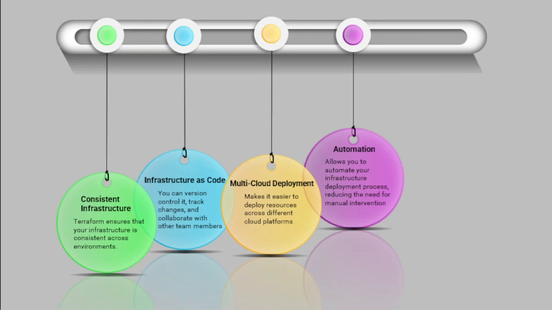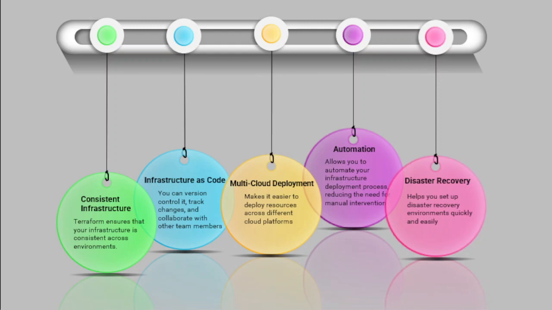Terraform allows you to automate your infrastructure deployment process, reducing the need for manual intervention. And the other benefit is disaster recovery. Terraform helps us set up disaster recovery environments quickly and easily. So these are the benefits of Terraform. We'll see all these benefits in a practical way also. So be with me till the end of the series.